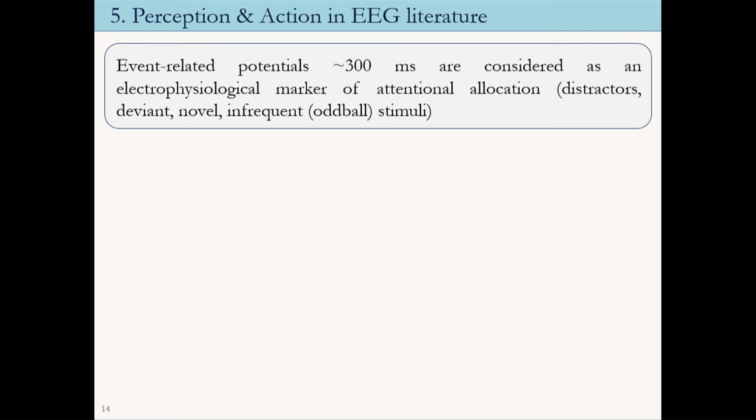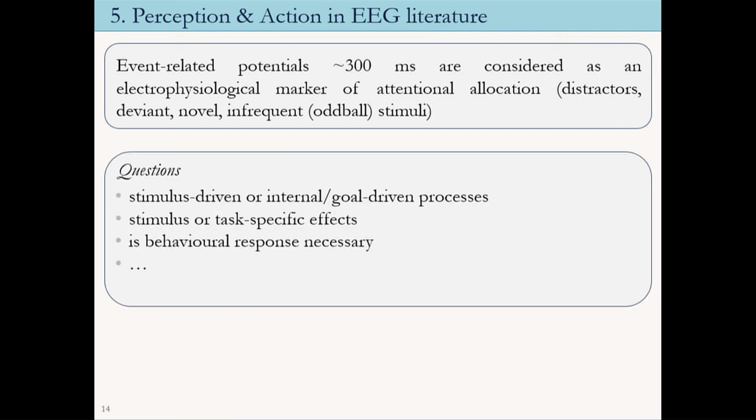But we have shown now that maybe all these reported correlations between the EEG and reaction times are not only stimulus driven, but we might be picking up other processes which we don't know what they are. Definitely they are internal goal-driven processes, but we don't know how much of that is stimulus-specific and how much is task-specific, because our participants did the motor task.